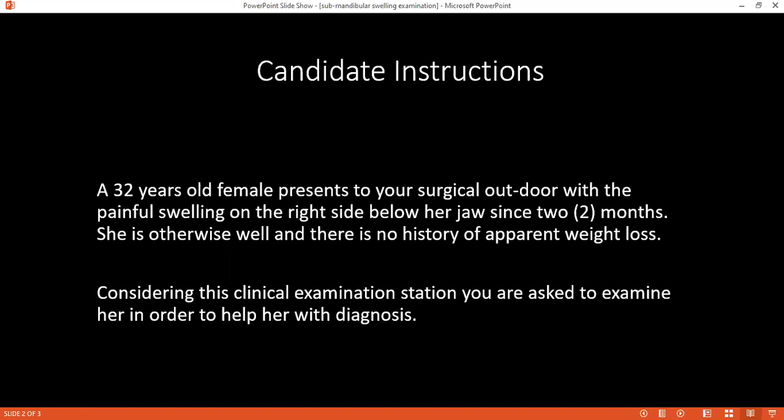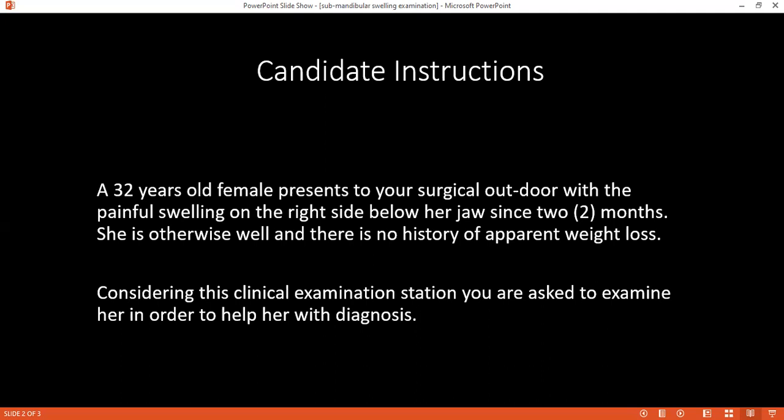Is that okay with you? Do you have pain anywhere over your swelling? Do you need analgesics, or can we continue with the examination?